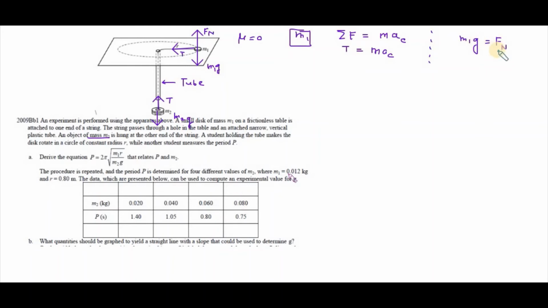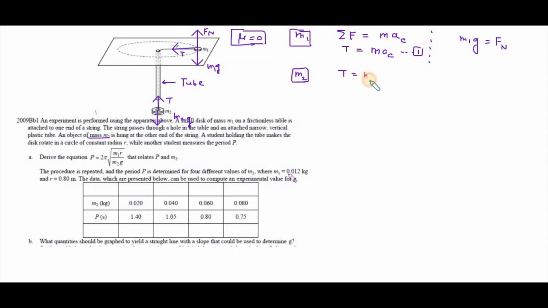And since there is no frictional force, we are not going to consider any frictional effect along the horizontal direction. So here T is equal to m1 ac, that is equation one from the first object.